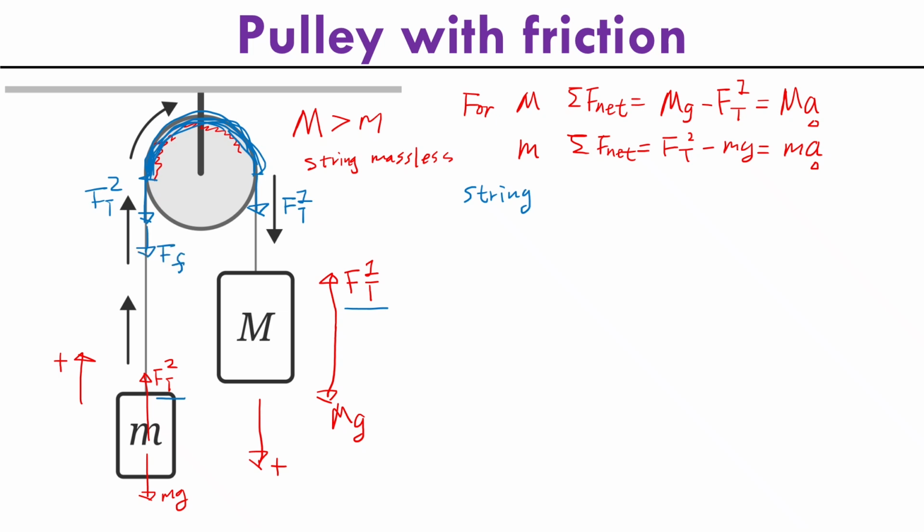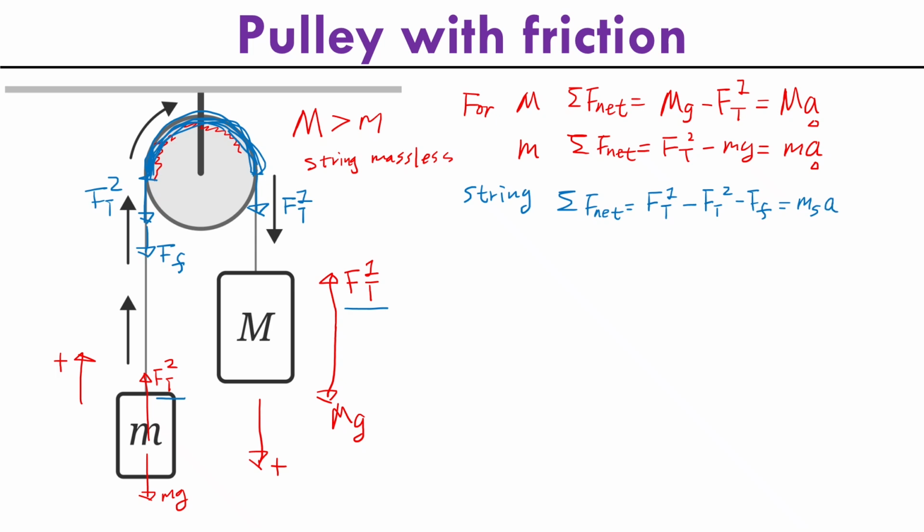Let's just call this friction Ff. So then for this piece of the string, we can say the net external force equals Ft1 minus Ft2 minus Ff equals the string's mass times acceleration, right?